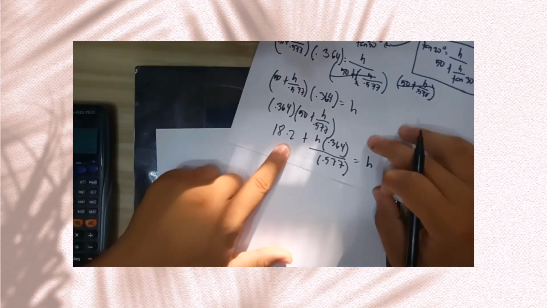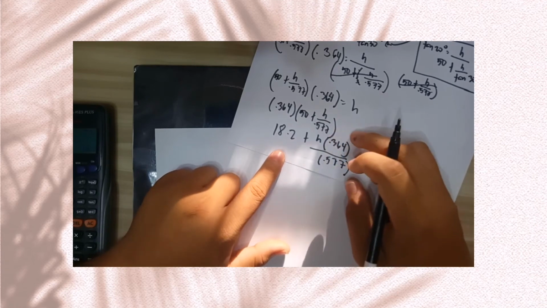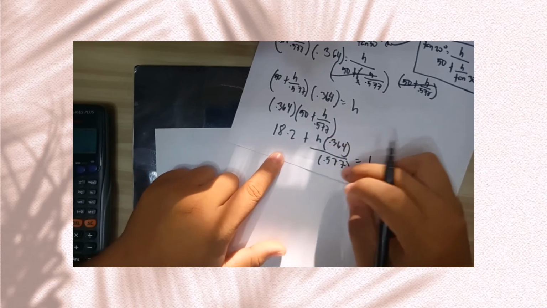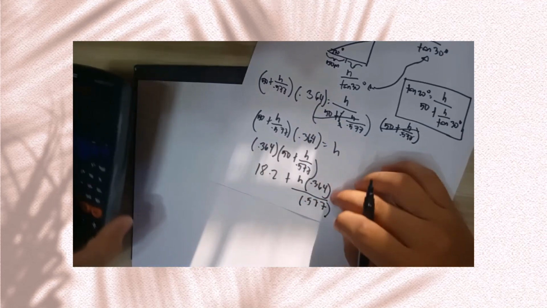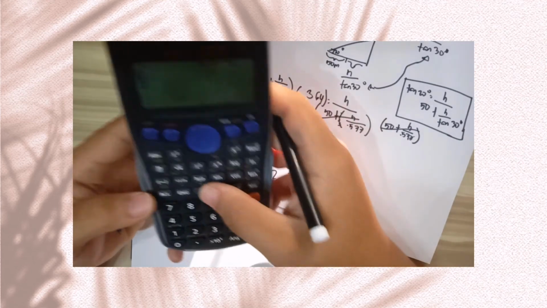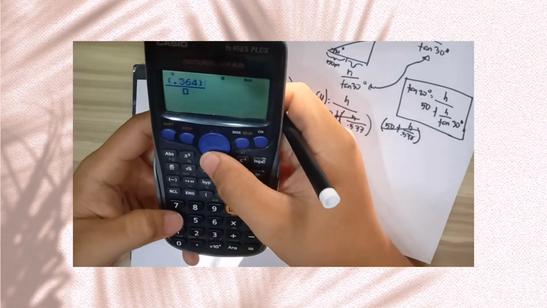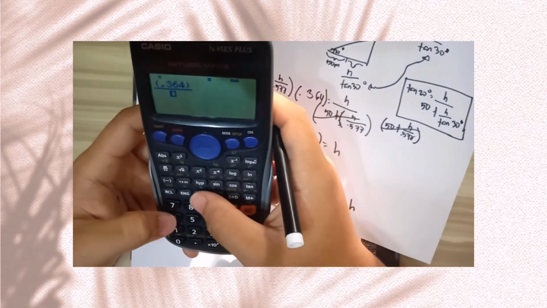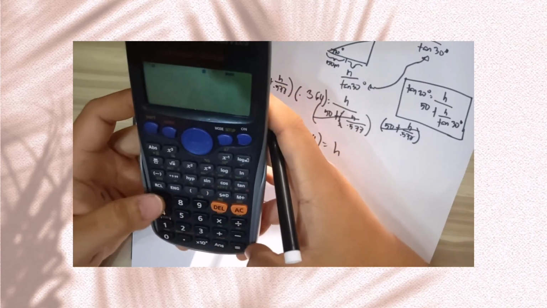So we get 18.2 plus h times 0.364 over 0.577. We're going to divide these two, 0.364 divided by 0.577.